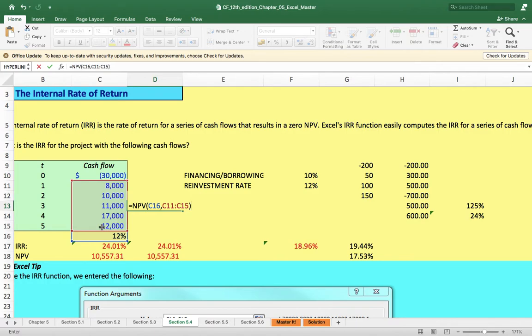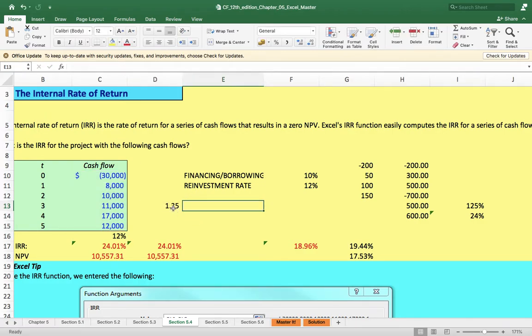The initial cash investment is 30,000. Leave that. From year 1 to year 5, whatever cash flow you have generated, that present value divided by the initial investment will be 1.35. Since the initial investment is negative, make it positive. Yes, 1.35 is the profitability index.